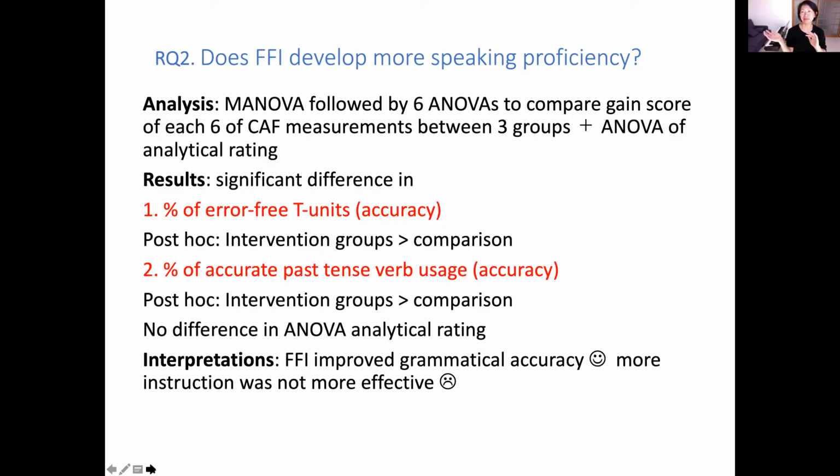Then I fed the numbers into SPSS and conducted something called MANOVA. Basically, I want to know if phone-focused instruction has an effect on these 6 measurements.